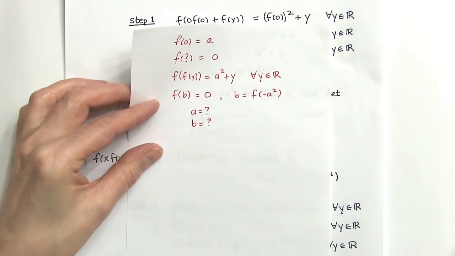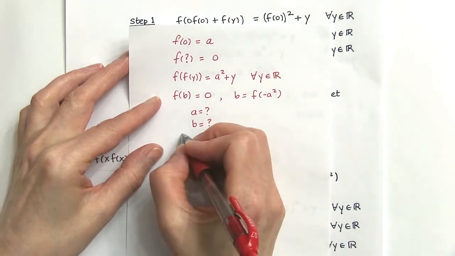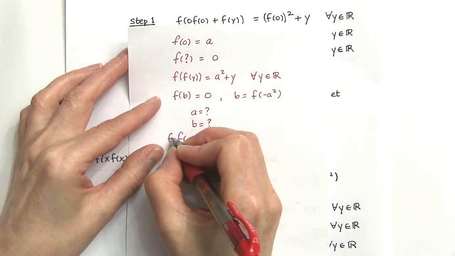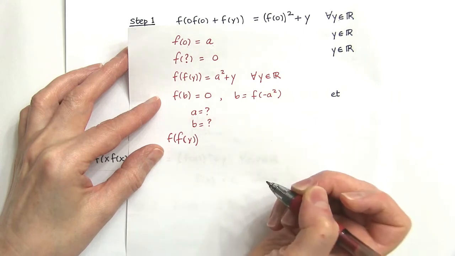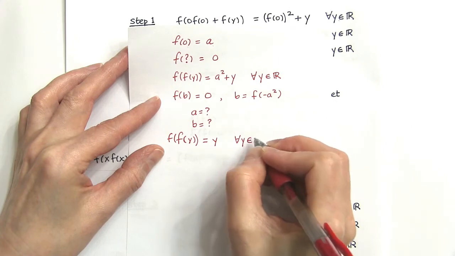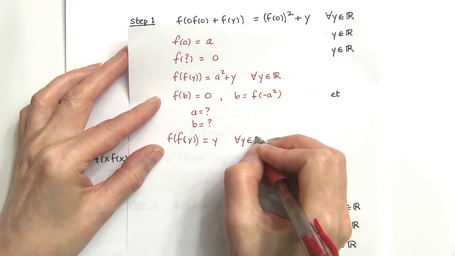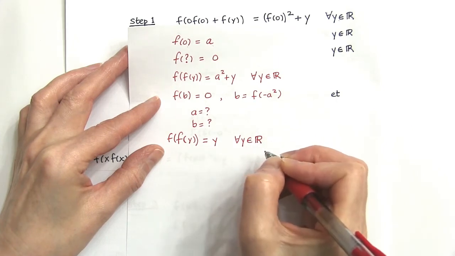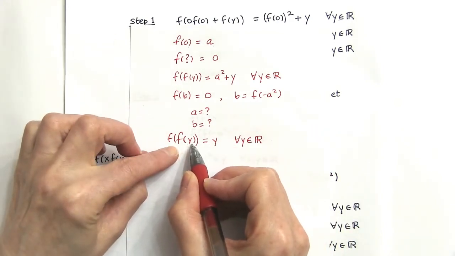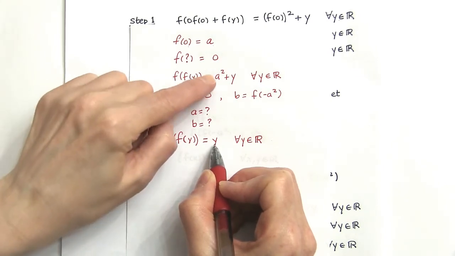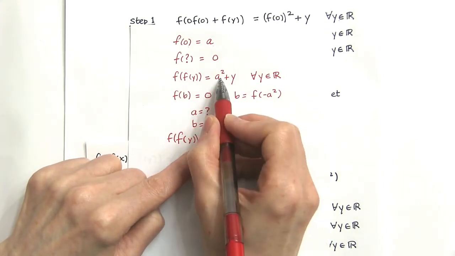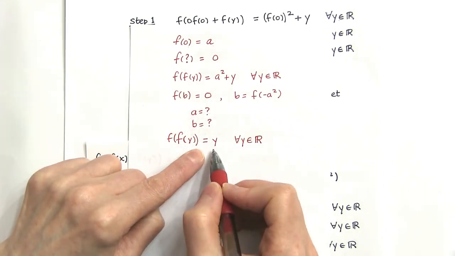So writing down in my list of conclusions, we've just discovered that f is its own inverse function, and furthermore, because f evaluated at f of y is both y and a squared plus y for every real number y, it must follow that a is 0.